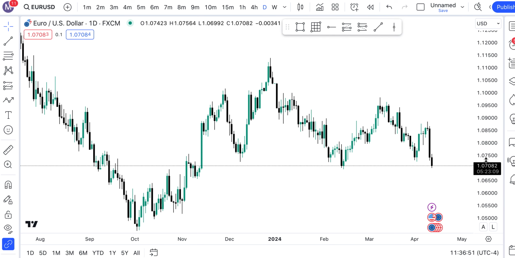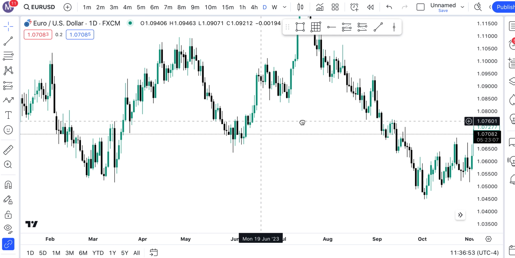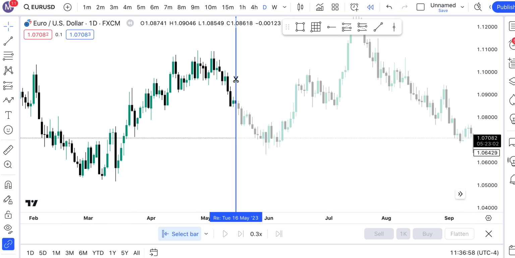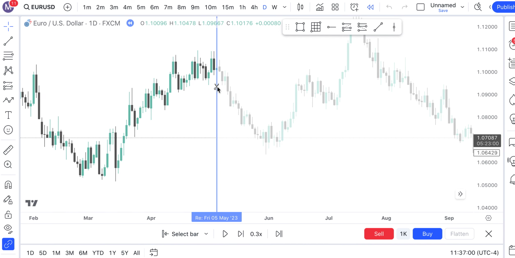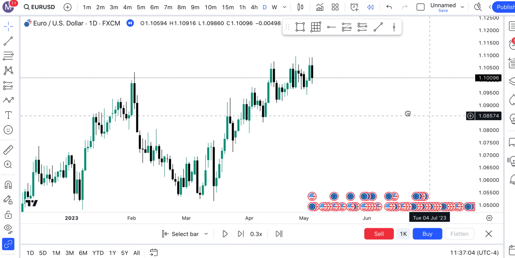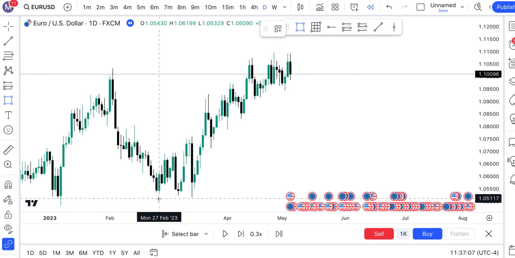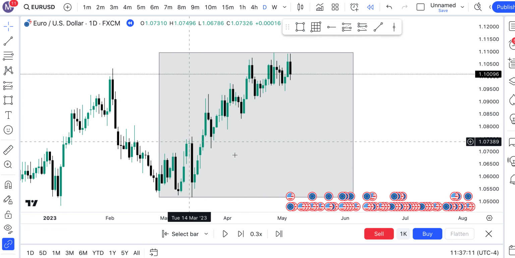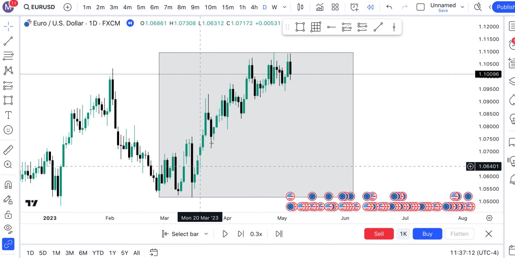So let's find some bullish trend examples. Let's focus here. Okay, so we're looking at this trend here.